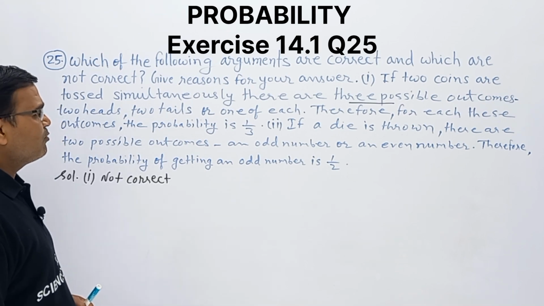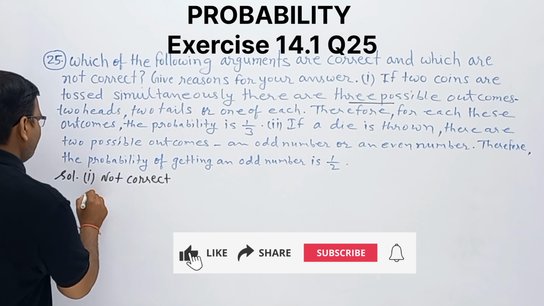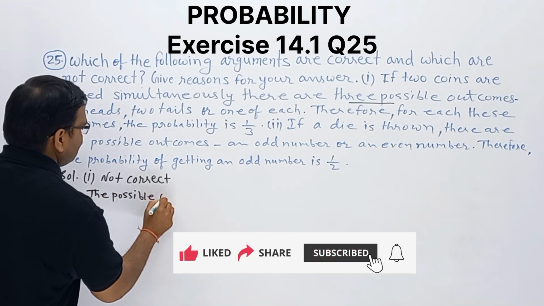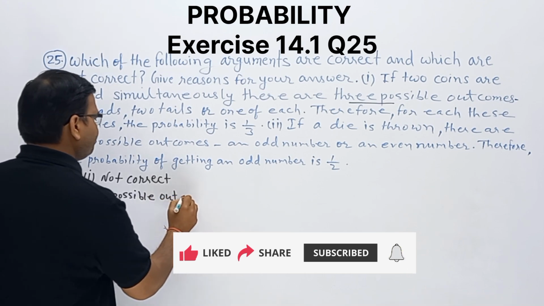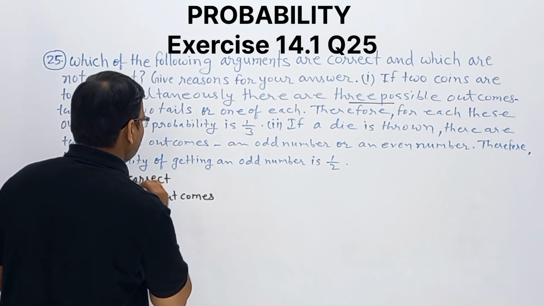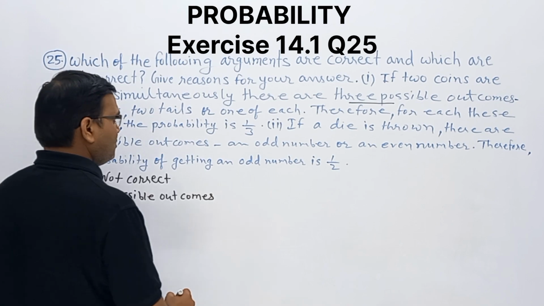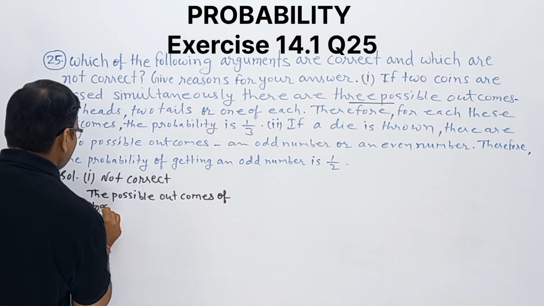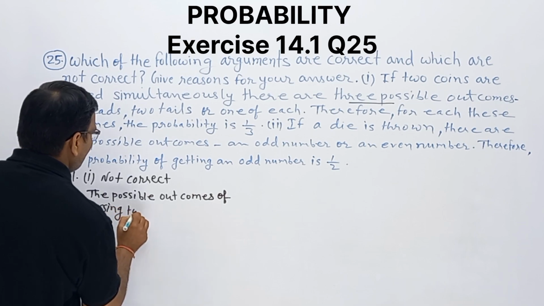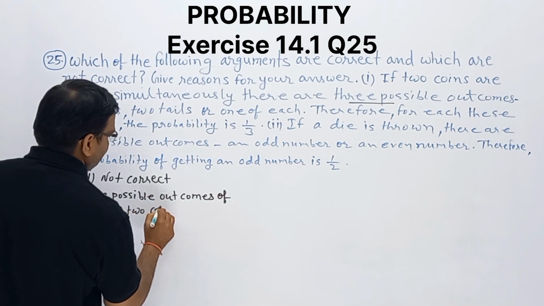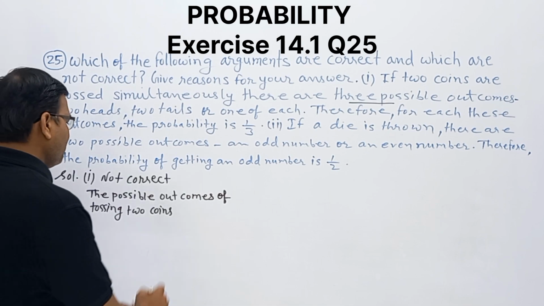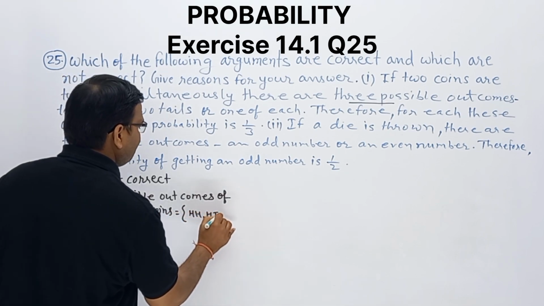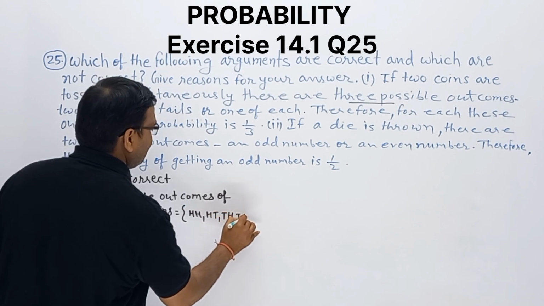The possible outcomes of tossing two coins are: head head, head tail, tail head, tail tail.